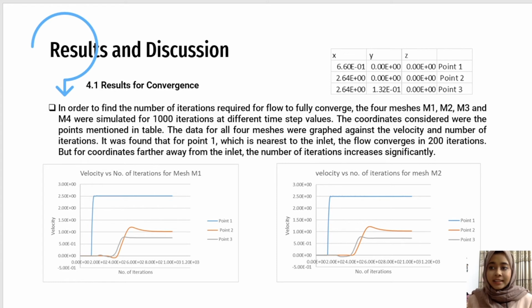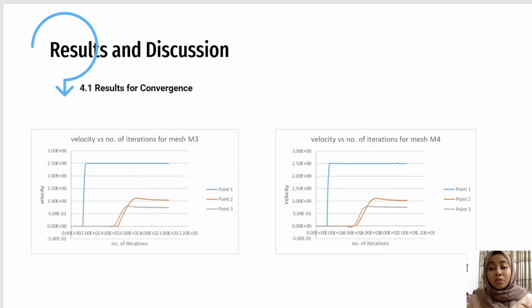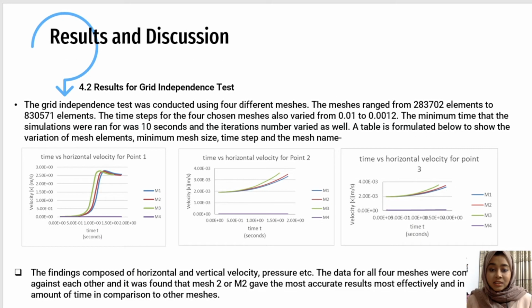In the next slides, I will also tell you about the elements of mesh 1, mesh 2, mesh 3, and mesh 4. It is very important to carry out a grid independence test when carrying out a CFD simulation.